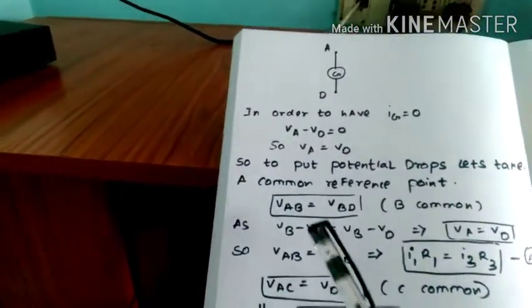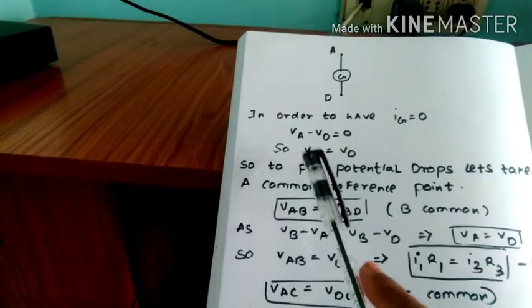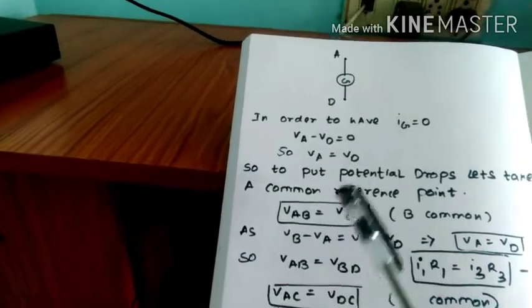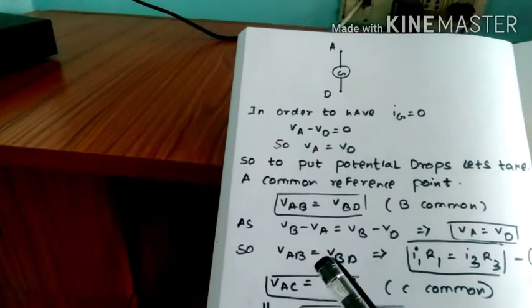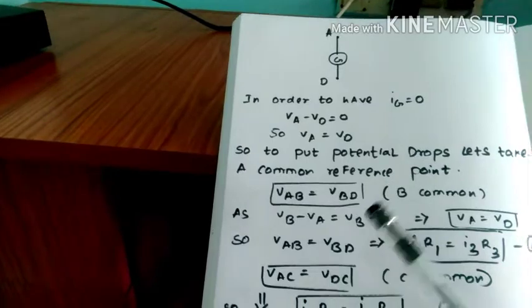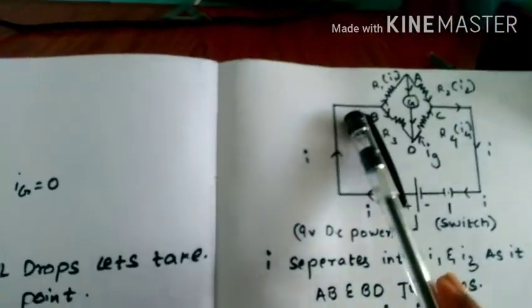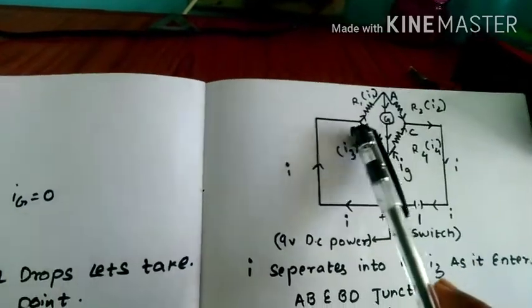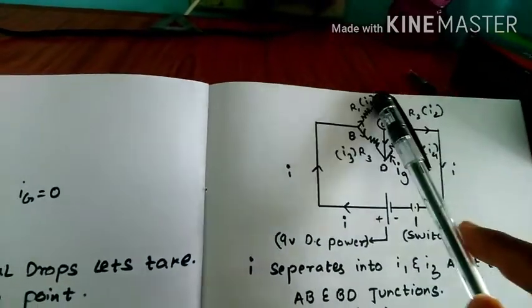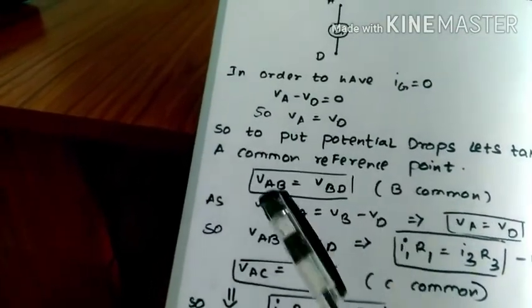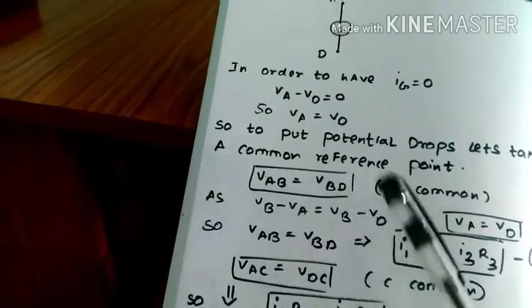Hence the potentials at A and D should be equal, then only the galvanometer will show zero deflection. So when we take some common reference points such as B here and C here, we'll get the relationship between these resistors.